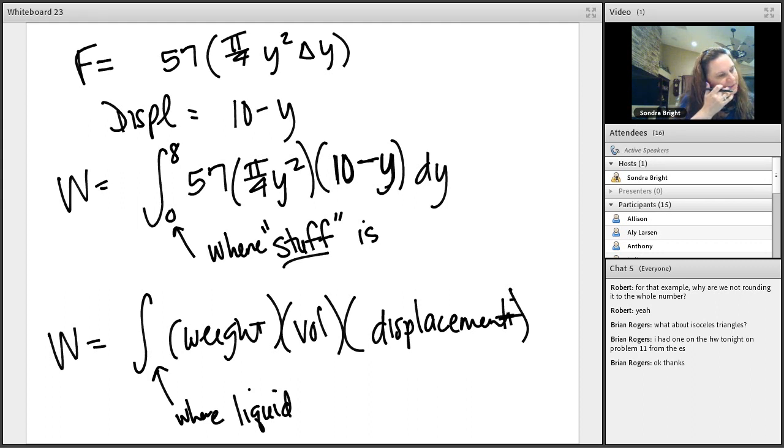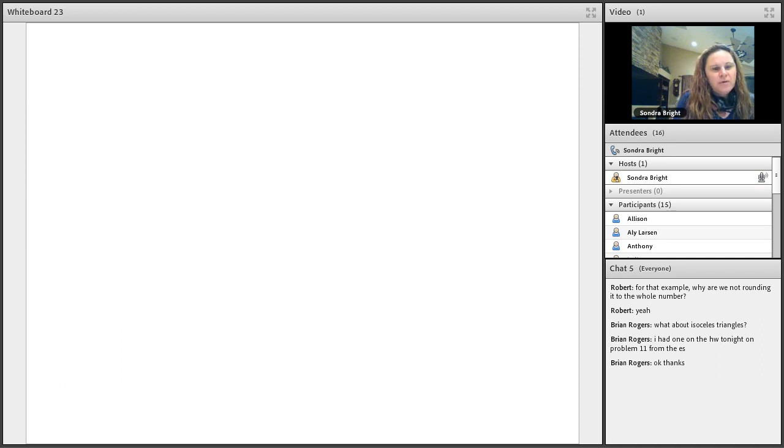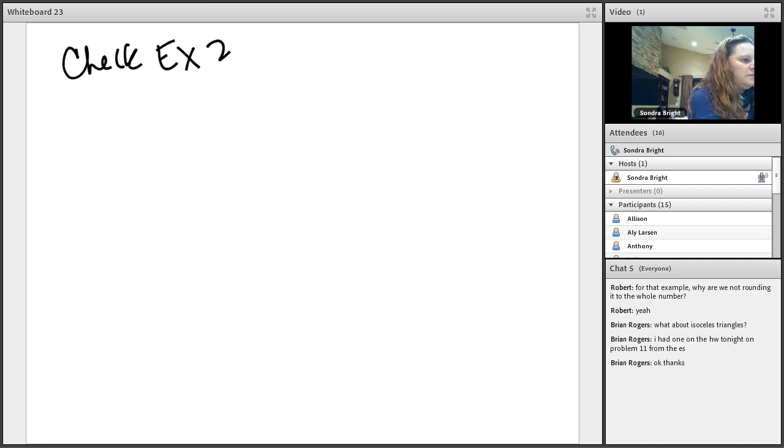Think about the displacement, how far it's moving. That's a good way to think of it. Definitely check out the example in the notes there. And then, what else? I feel like you should also, and I just don't have time for it, make sure to check out example 2 in the notes from that day. Let me check what lesson that was.